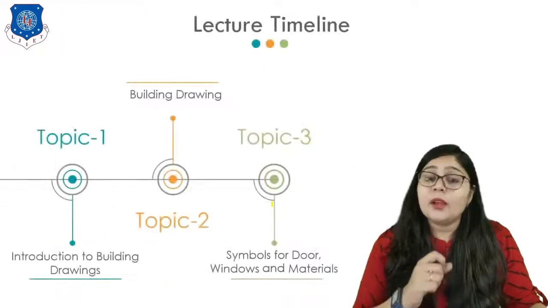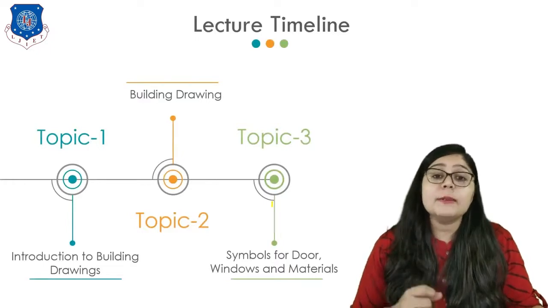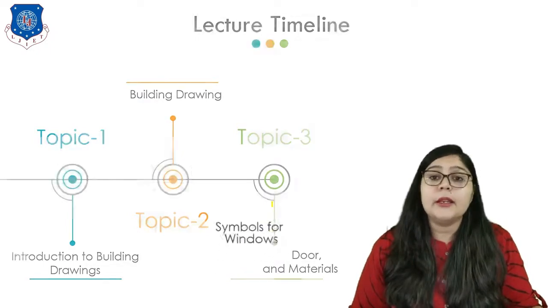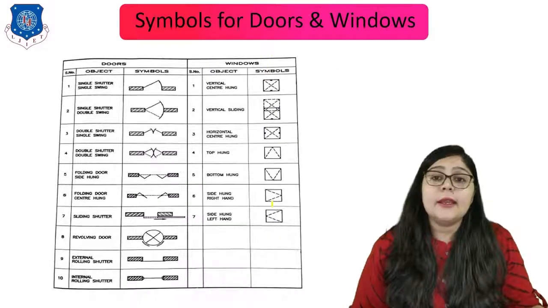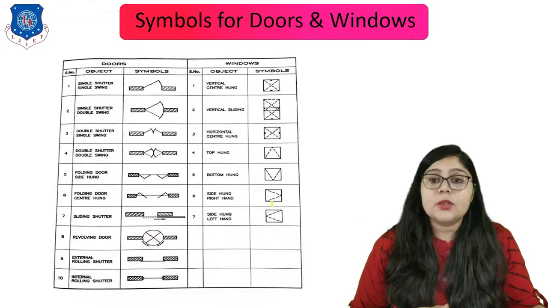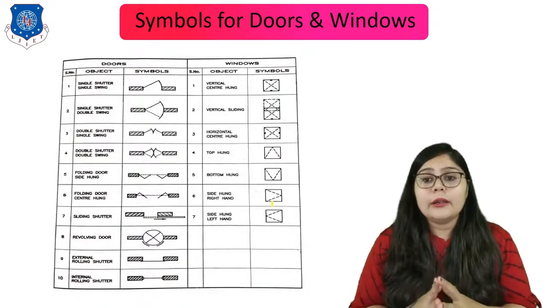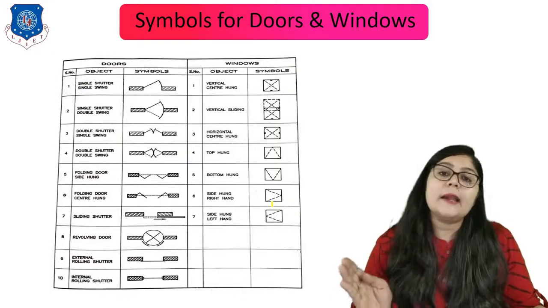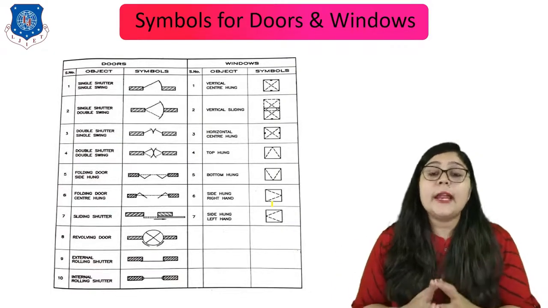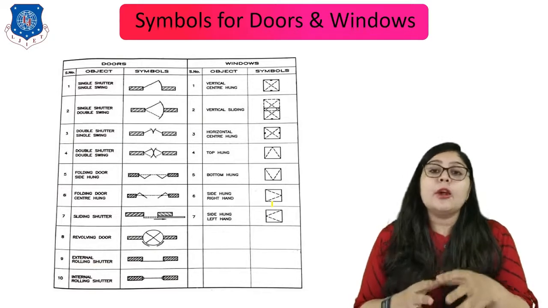Now, let us understand the last topic for today's lecture, which is symbols for doors, windows and materials. For symbols for doors and windows, I can say this is a very huge list, where a single shutter or a double shutter or a revolving door or the external rolling shutter, all these kinds of doors are symbolized in such a way that if we draw a plan, then at that time I draw the symbol of the door.